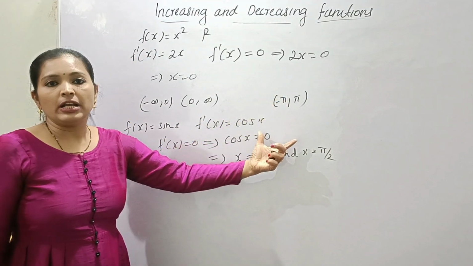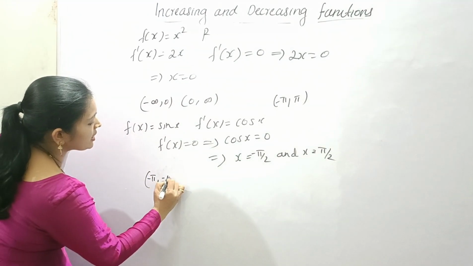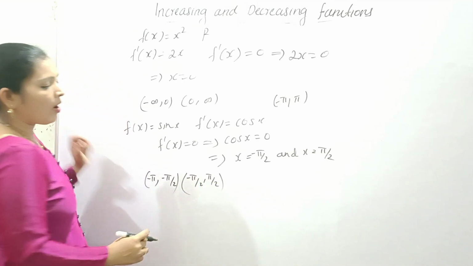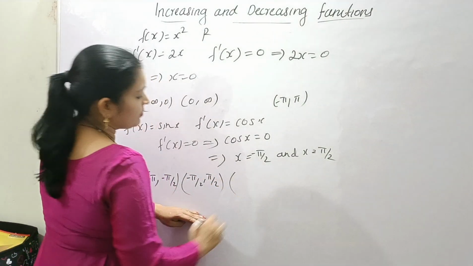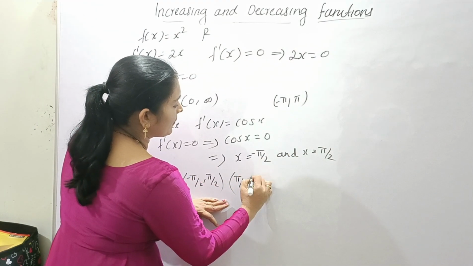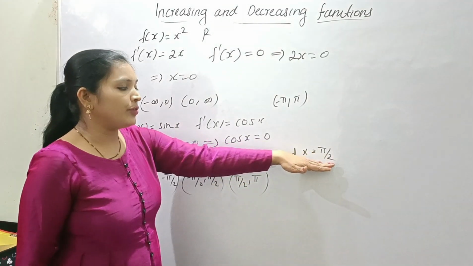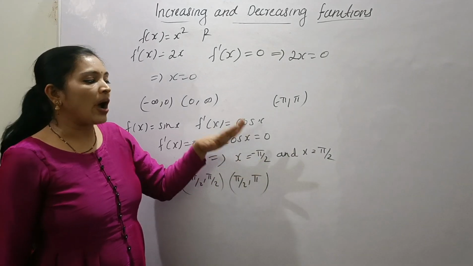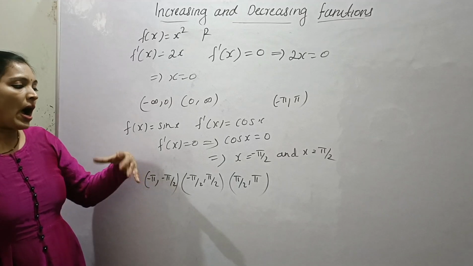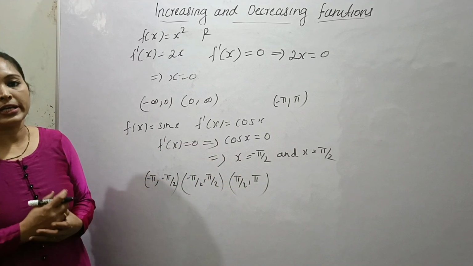We divide this interval into open intervals: -π to -π/2, then -π/2 to π/2, and then another interval, π/2 to π. So we find the critical values, then divide the domain into open intervals in this form. After that, in each interval we check f'(x), to see whether the function is increasing or decreasing.